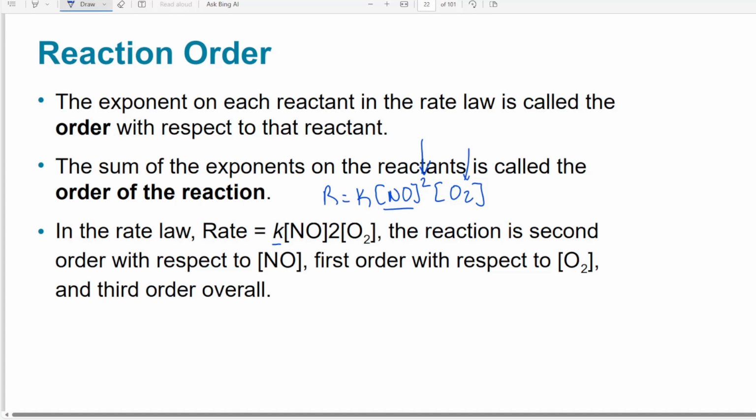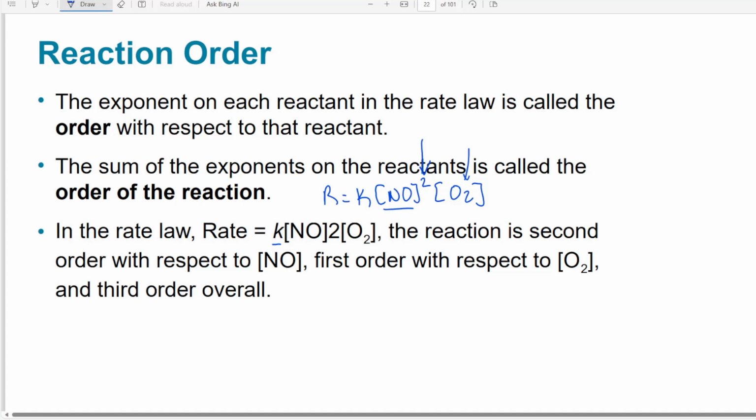Let's get a little terminology out of the way before moving on. The exponent on each reactant in the rate law is called the order with respect to that reactant. The sum of the exponents on the reactants is called the order for that reaction.